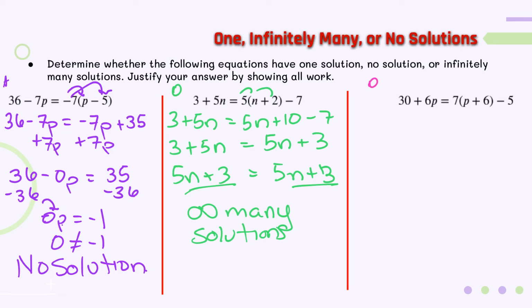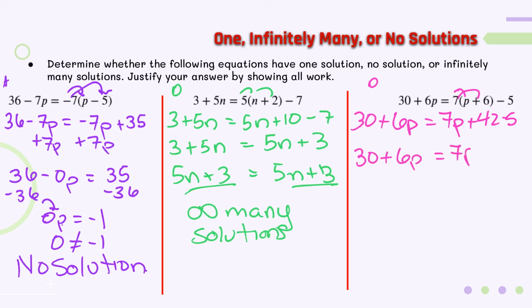In this example, 30 plus 6p is equal to 7 times the quantity of p plus 6 minus 5. So I have 30 plus 6p is equal to 7p plus 42 minus 5. 30 plus 6p is equal to 7p plus 37.